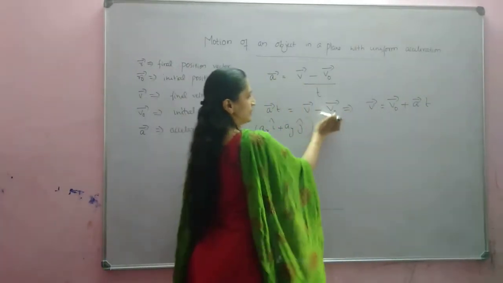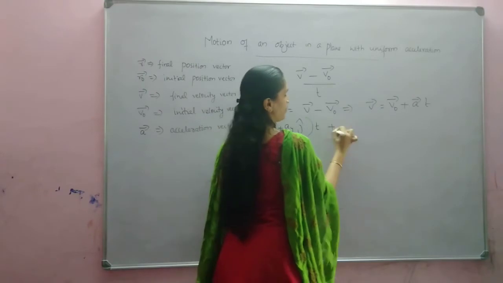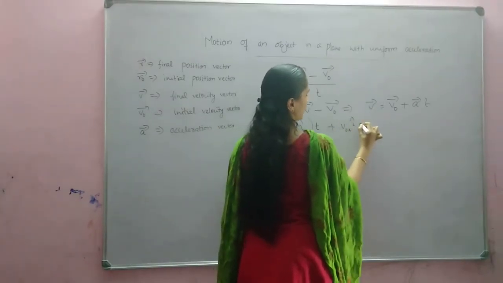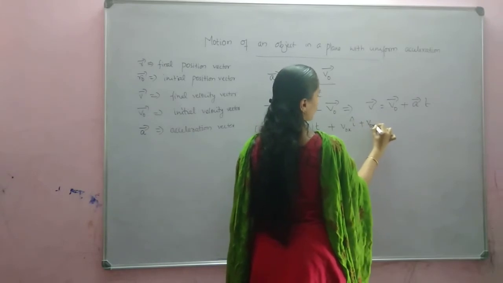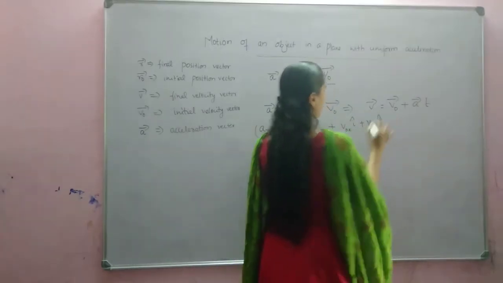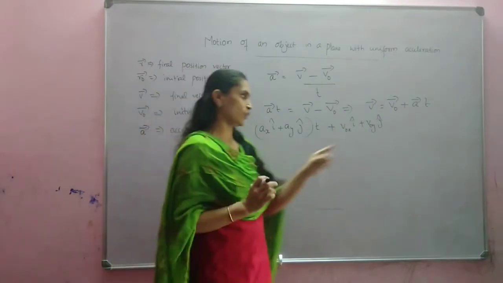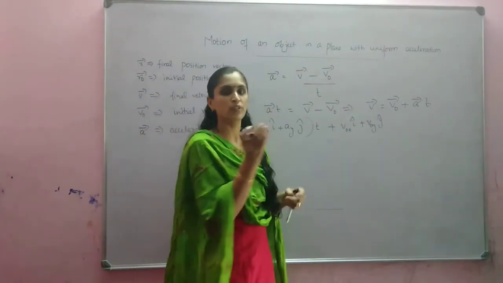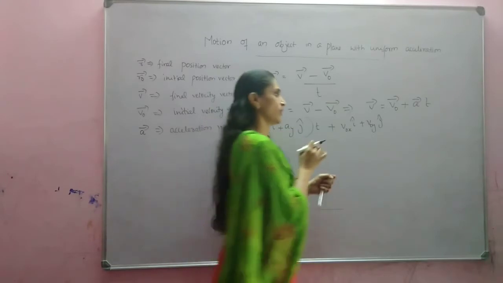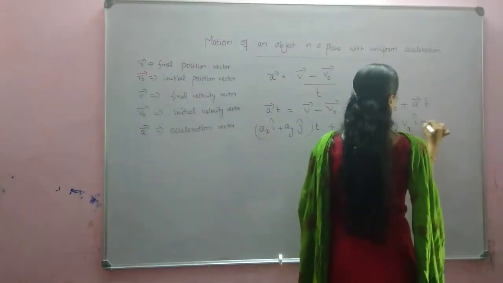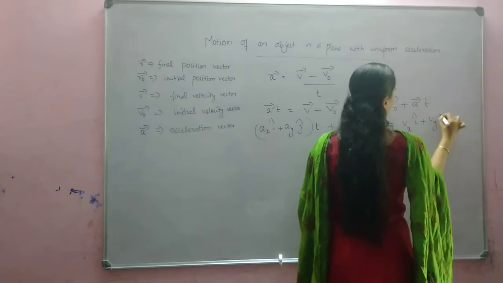So this into t plus v0x i plus v0y j. What is v0x? It is the initial x component of velocity. v0y is the initial velocity's y component. That is equal to vx i plus vy j.